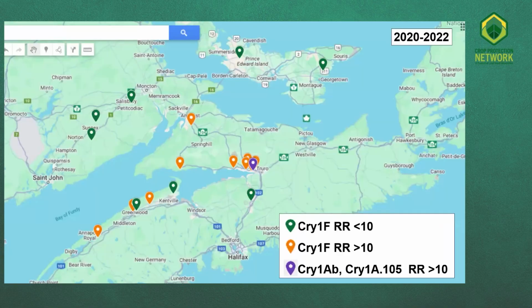And I would say that in addition to that, a lot of the Cry1F resistant populations we're finding in Eastern Canada are also becoming resistant to Cry1A.105 protein, which was one of the newer ones I mentioned earlier. So that's the Canadian story. Things seem to be getting a little bit worse in Eastern Canada, more proteins being compromised.